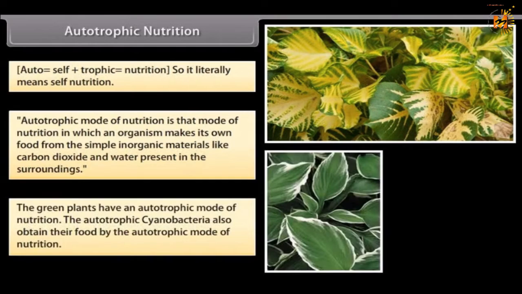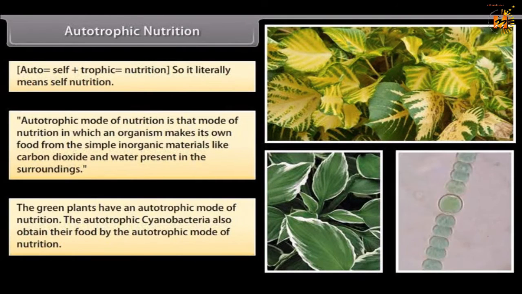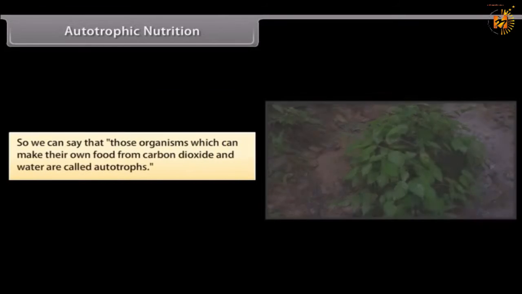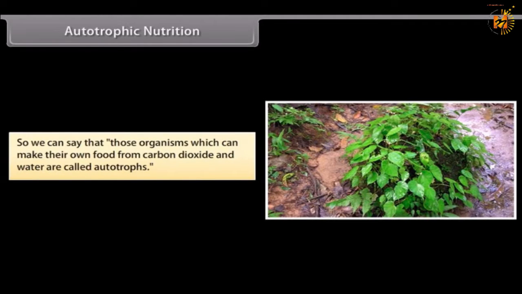The green plants have an autotrophic mode of nutrition. The autotrophic cyanobacteria also obtain their food by the autotrophic mode of nutrition. So we can say that those organisms which can make their own food from carbon dioxide and water are called autotrophs.